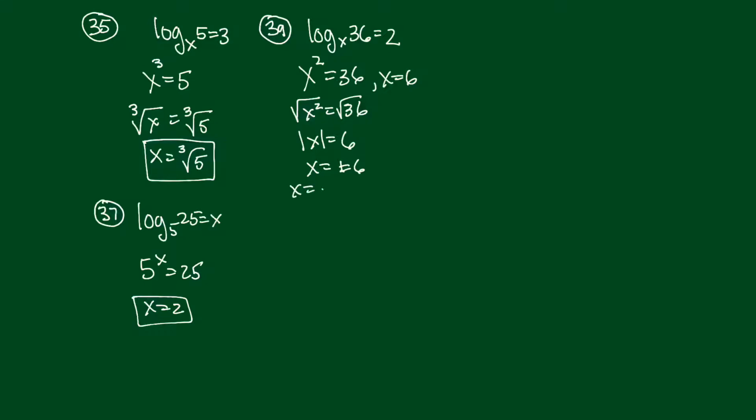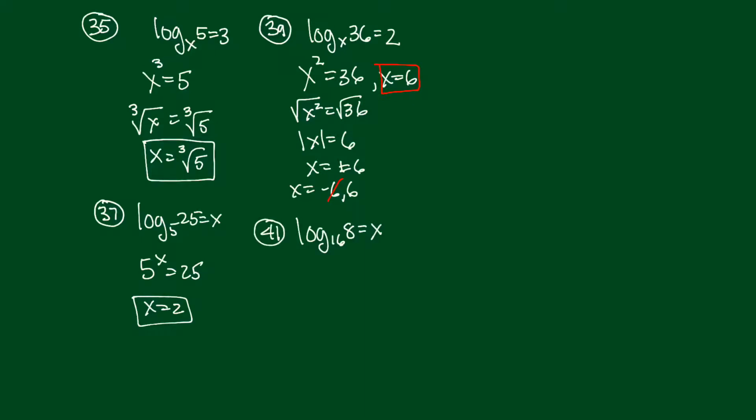So I'm really looking at negative 6, positive 6. But I know because it's the base, it cannot be that negative number. So we can toss this one out and just claim now that x is 6.